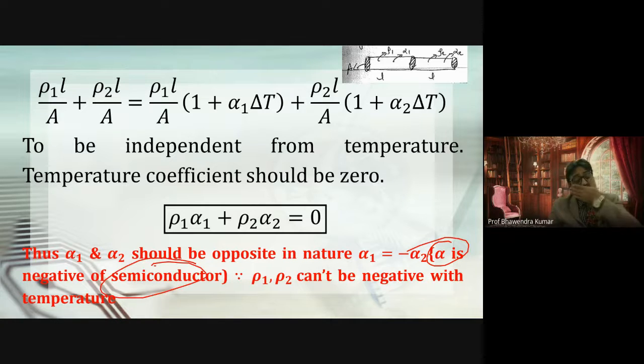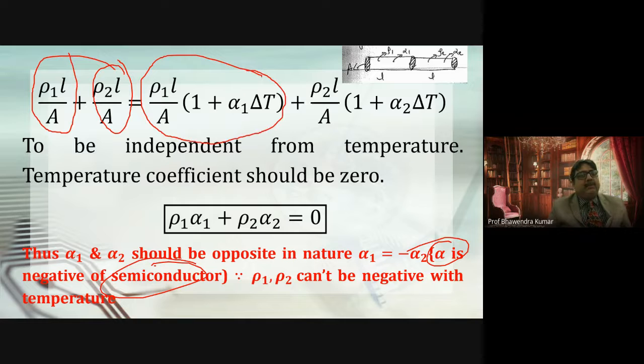So this was the initial resistance, rho 1 L by A and rho 2 L by A, right? These are the final resistances: rho 1 L by A into 1 plus alpha 1 delta T, and rho 2 L by A into 1 plus alpha 2 delta T. If the resistance has to remain constant with the temperature, then what can we say?